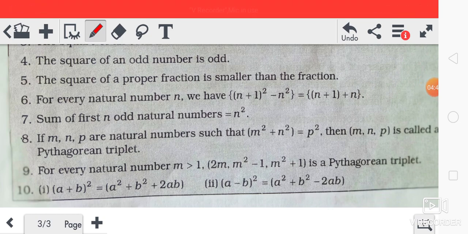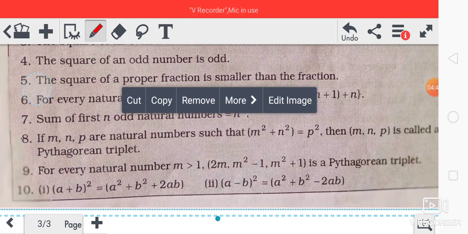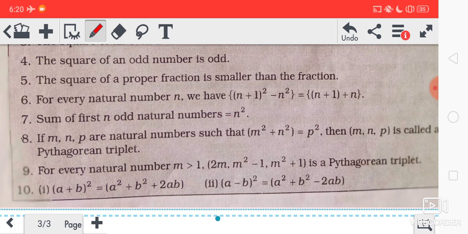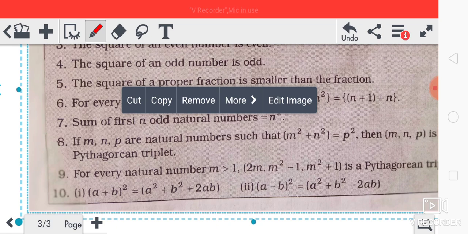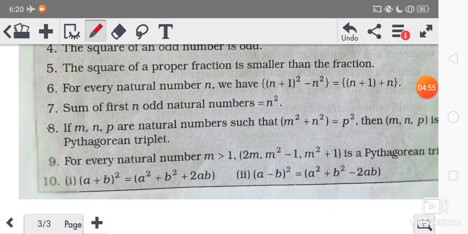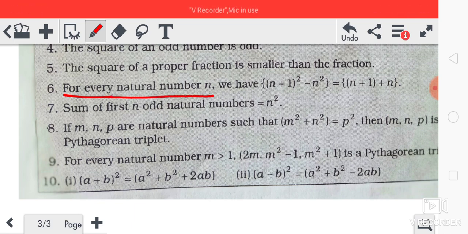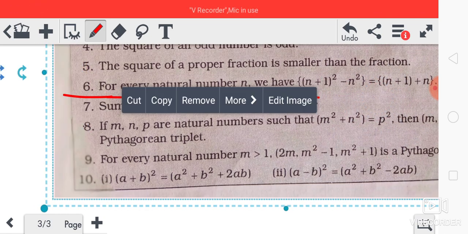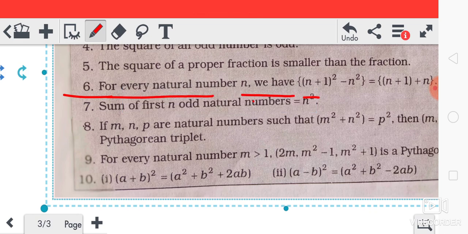Now come to the sixth property. What is our sixth property? The sixth property is, for every natural number n, we have n plus 1 whole square minus n square, which is equal to n plus 1 plus n.